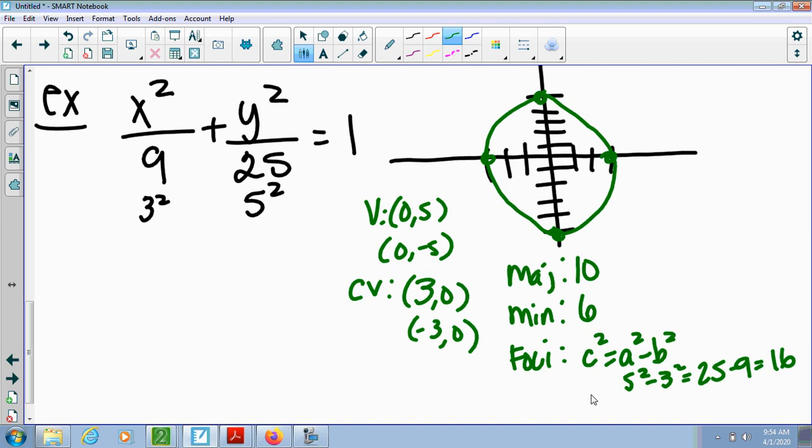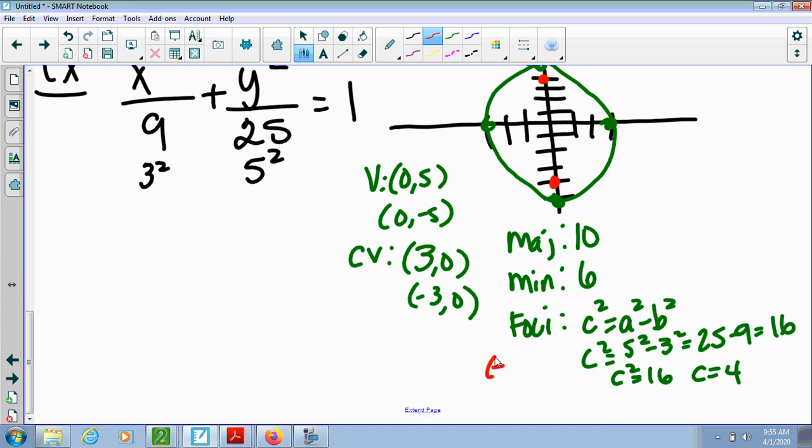The square root of 16 is 4, so our C is 4. So 4 away from the origin on your major axis. So our foci, those ordered pairs, are 0, negative 4 and 0, 4.